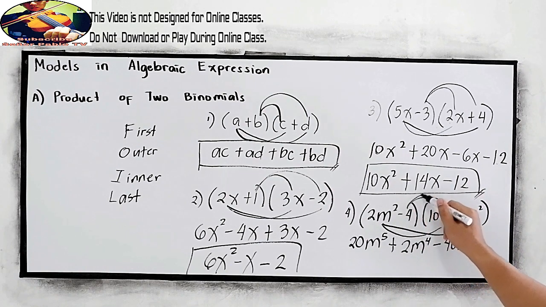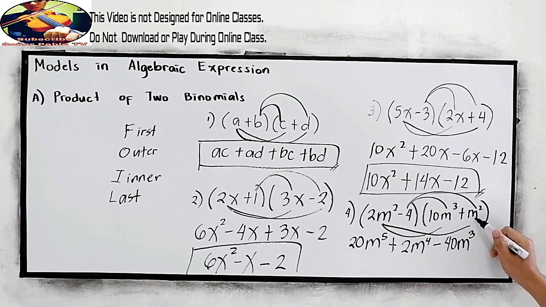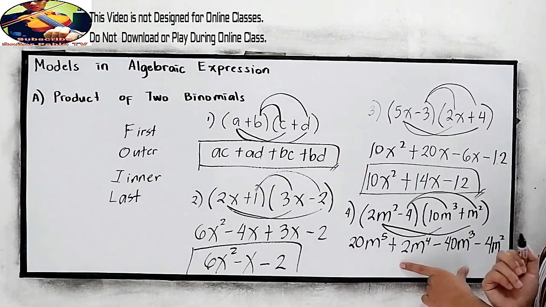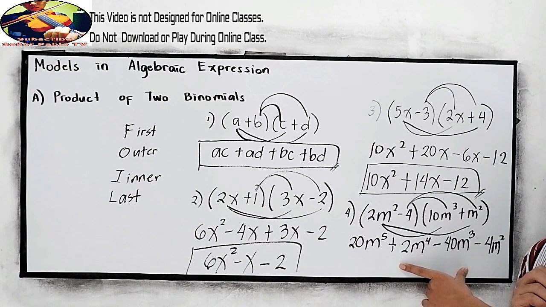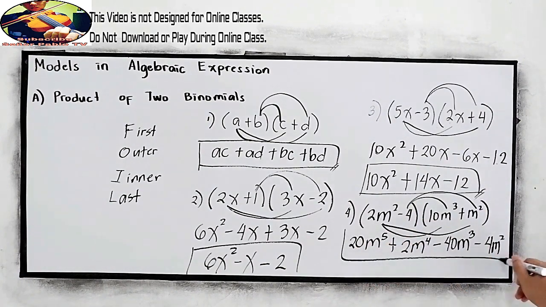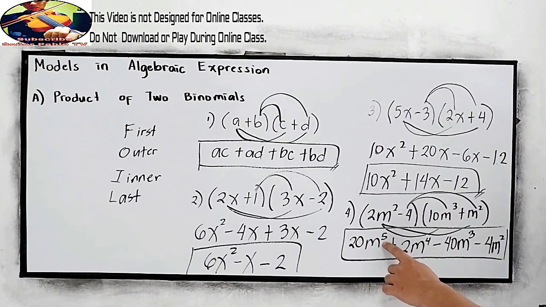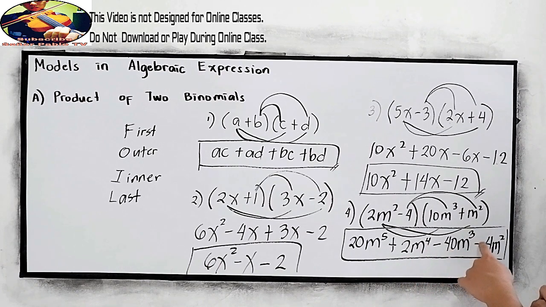And negative 4 times positive m squared, negative 4m squared. Do we have like terms? None. So this will be our final answer. 20m raised to 5 plus 2m raised to 4 minus 40m cubed minus 4m squared.